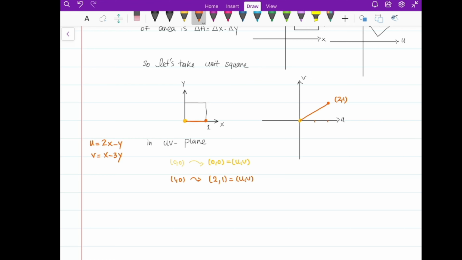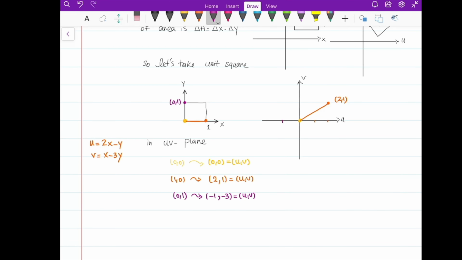Very good. So now let's take another point, for example, the point 0, 1. So the point 0, 1 in the xy plane becomes what? x is 0, y is 1, so u would be negative 1, and v would be negative 3. This is my u and v.